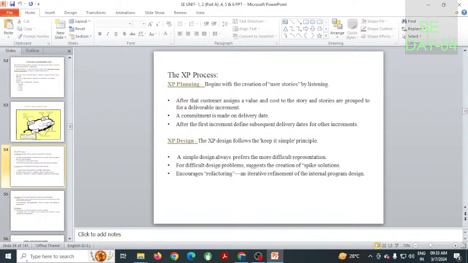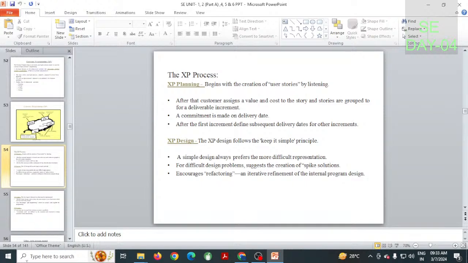Next, coming to XP design. XP design always follows the keep it simple principle. The design phase is the second framework activity in the extreme programming framework.